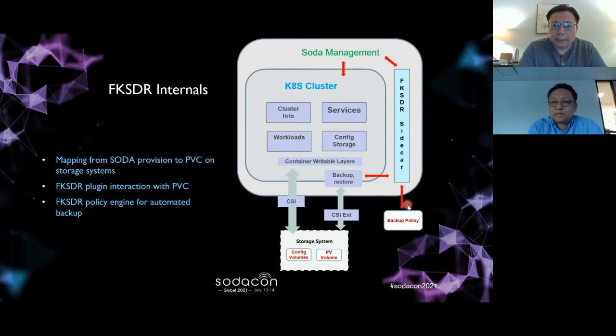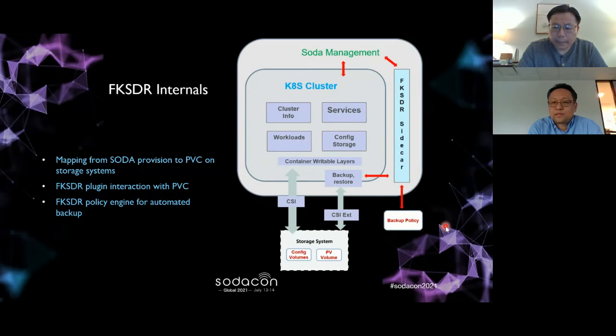With these interactions, we can allow the administrator to create and manage an automated backup policy to tell the Kubernetes cluster how to persist and how to back up on the external storage system through the common CSI interface.